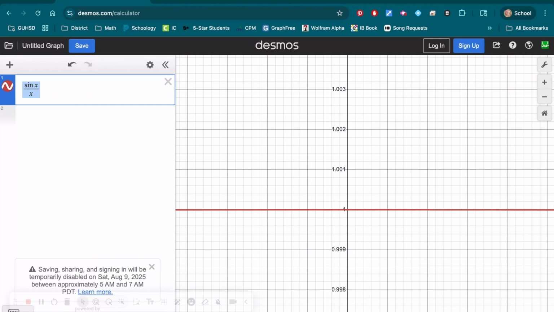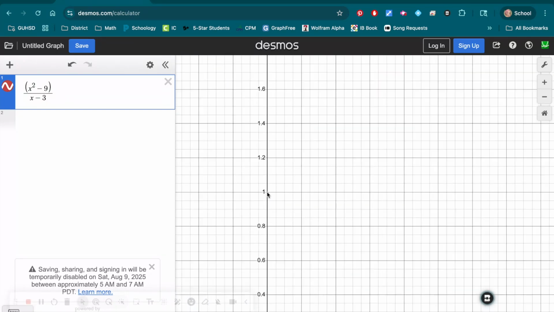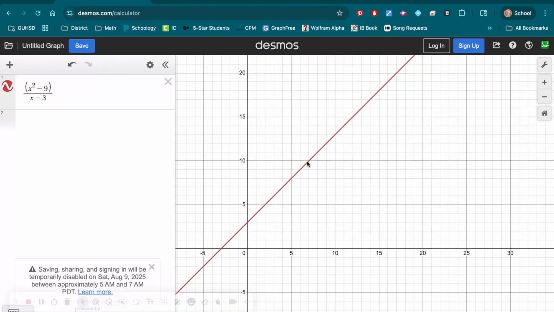Let's see, and then if I'm looking at the notes correctly, there's another one. Let's see, x squared minus 9. Oh, never mind, I didn't get rid of that. Let's try this again. x squared minus 9 divided by x minus 3. Okay, so here's my picture. It looks like a line. It looks like when we are approaching 3, so 3 is right here on the x-axis, that should equal 6.